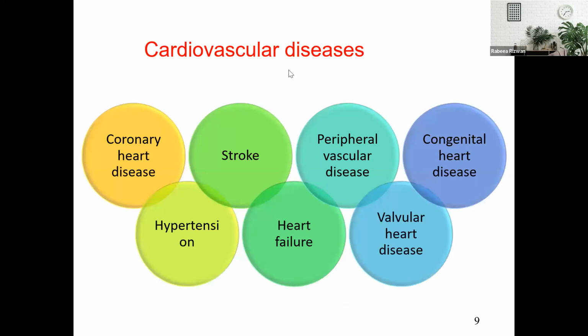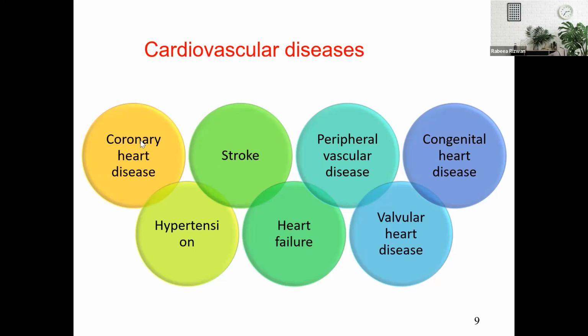There are various cardiac diseases such as coronary heart disease, stroke, peripheral vascular heart disease, congenital heart disease, valvular heart disease, heart failure, and hypertension. So what is meant by coronary heart disease? That means the problem arises in the coronary arteries, resulting in cardiac problems, maybe the narrowing of the coronary arteries.